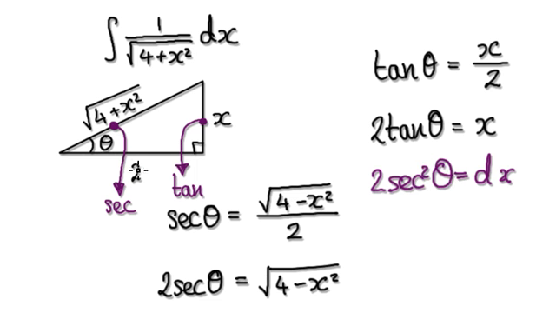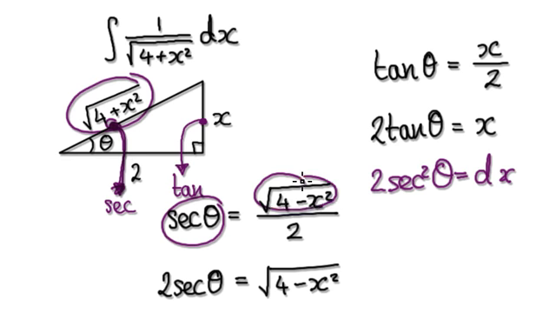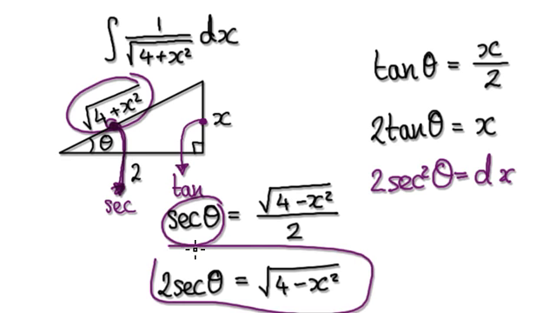And then well, we want to replace this because this is quite complicated. So we would use, well, secant will be this. So secant theta would be the hypotenuse divided by the adjacent, times both sides by 2. That will then give you this.